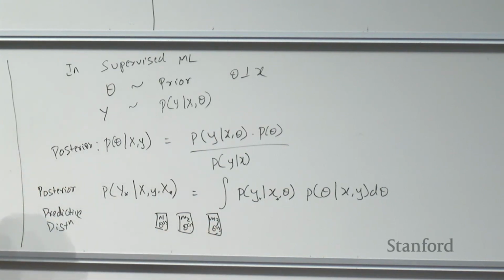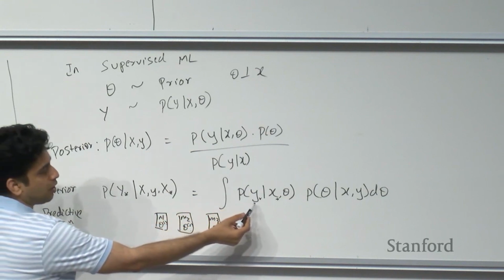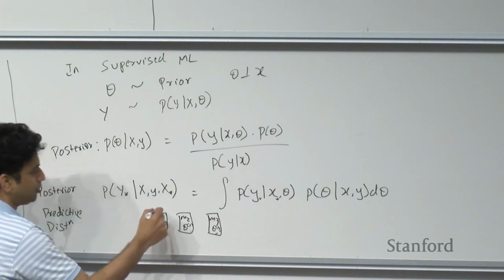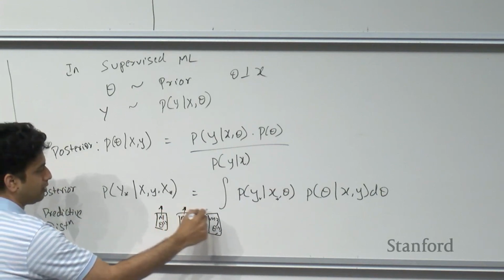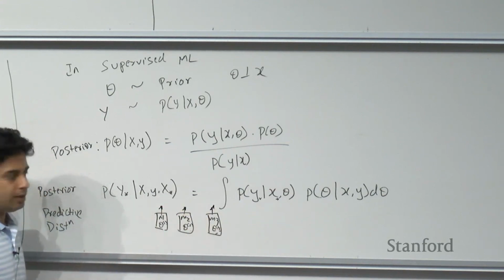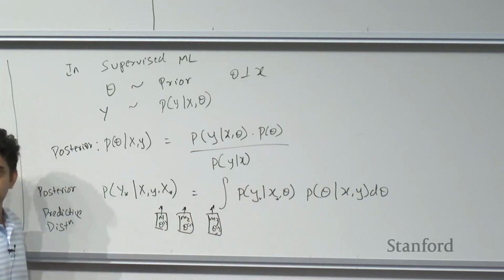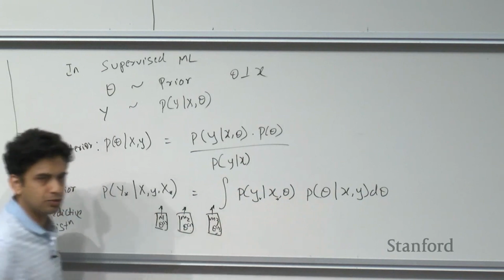So what we are essentially doing is taking the prediction of y given x for every possible value of theta. Each of these will make a prediction of y, right? And then we are calculating a weighted average of all these predictions, where the weights are decided by the posterior distribution.